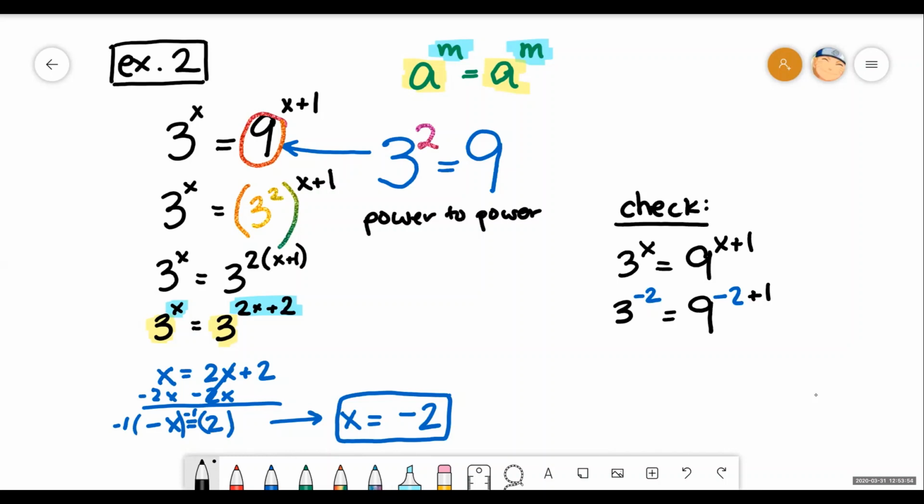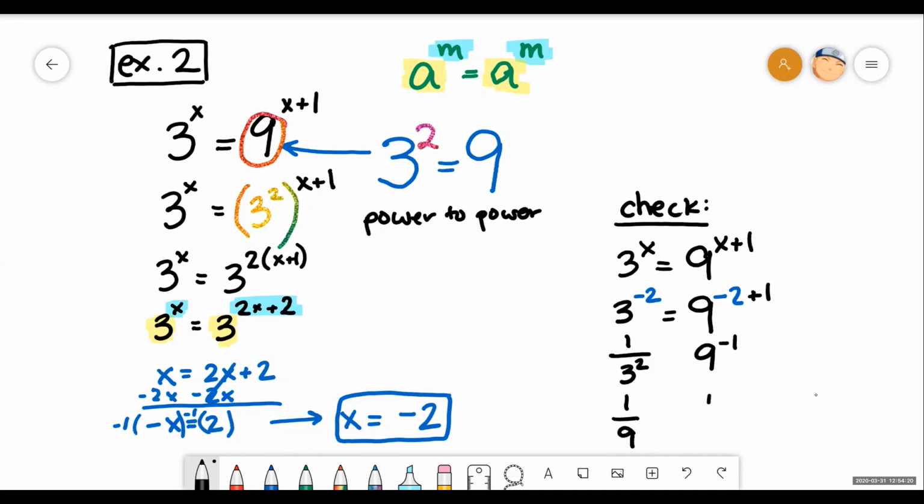So let's start with the left side. 3 to the -2, that's the same as 1 over 3 squared. And 1 over 3 squared, that's 1 over 9. Okay, let's make sure that's the same thing on the right side. -2 plus 1, that's 9 to the -1.